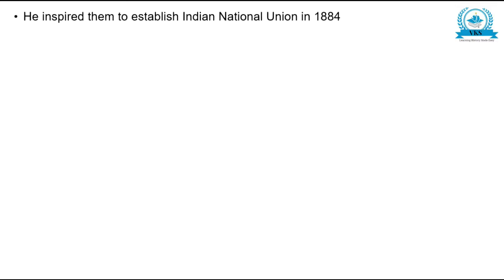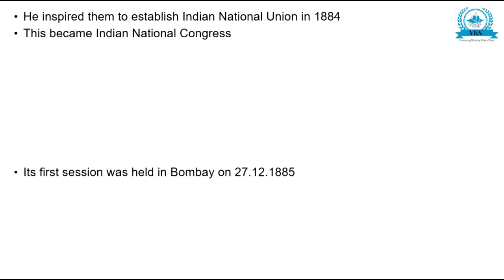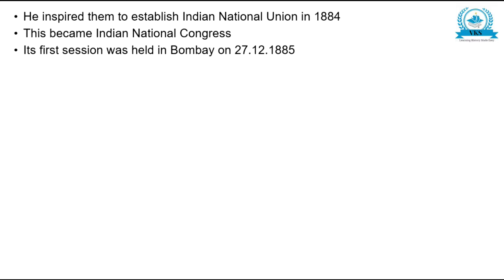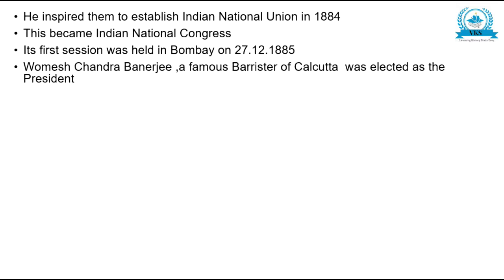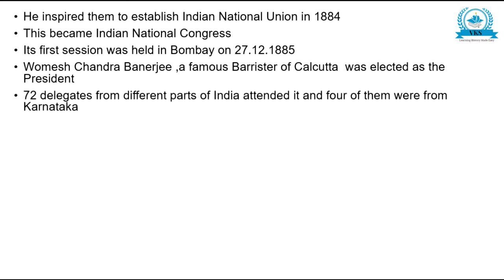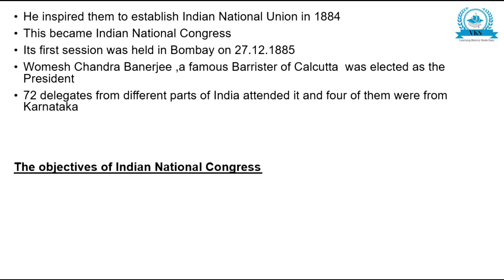He inspired them to establish the Indian National Union in 1884. This became the Indian National Congress. The first session was held in Bombay on 27/12/1885. Womesh Chandra Banerjee, a famous barrister of Calcutta, was elected as the president. 72 delegates from different parts of India attended it, and 4 of them were from Karnataka.